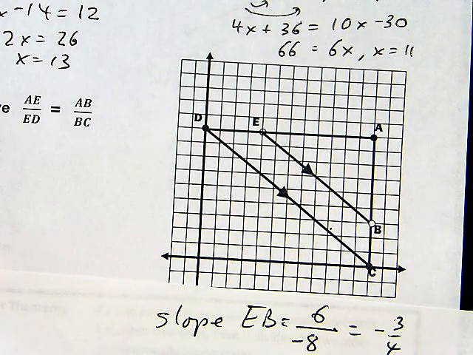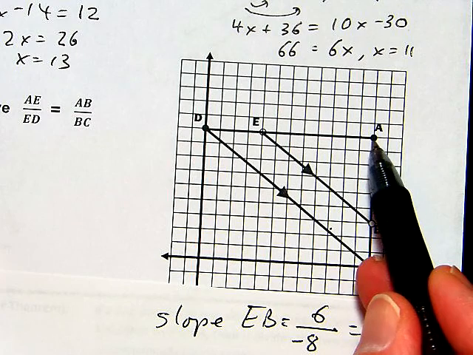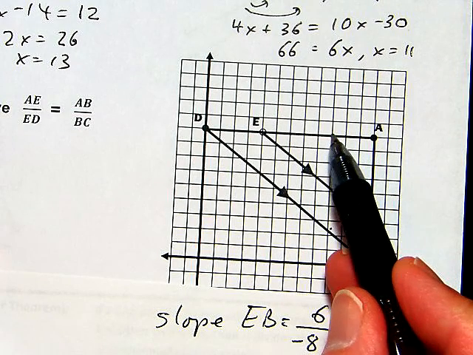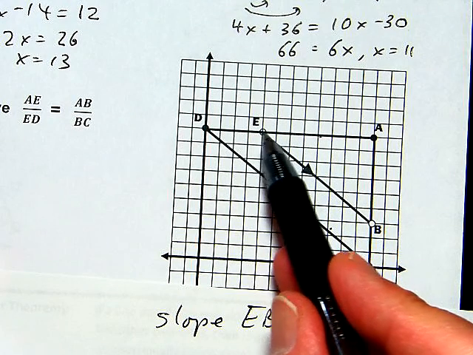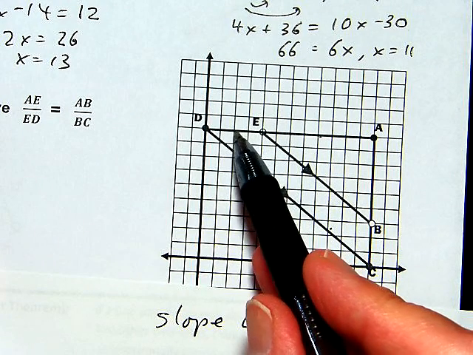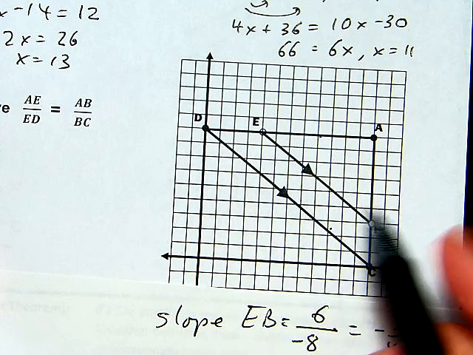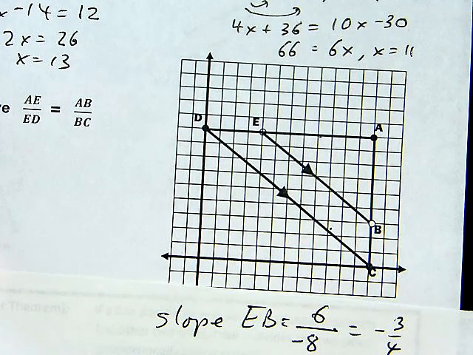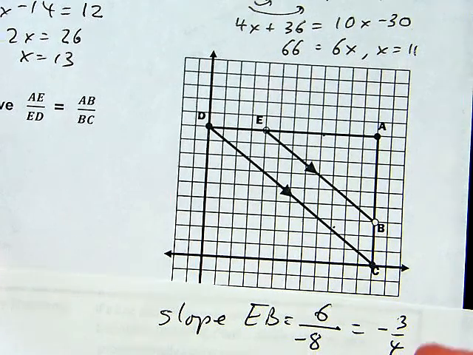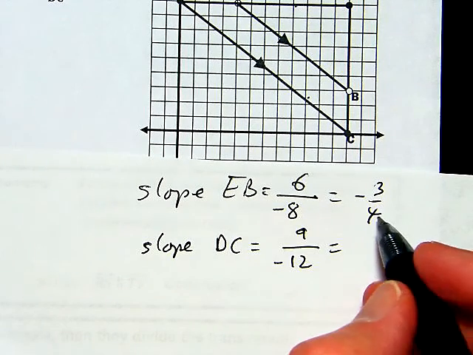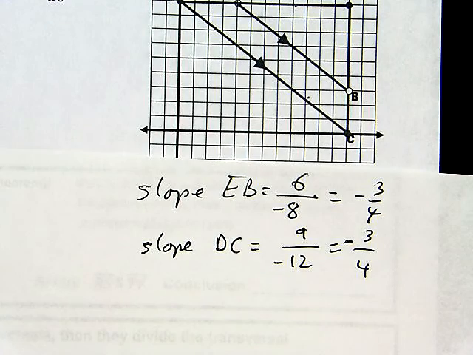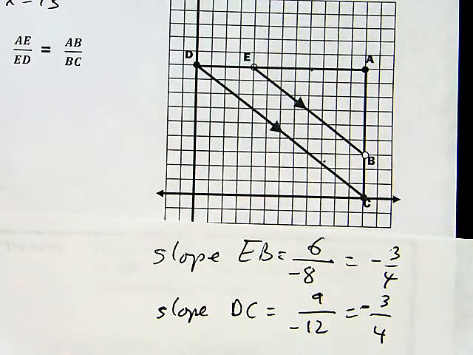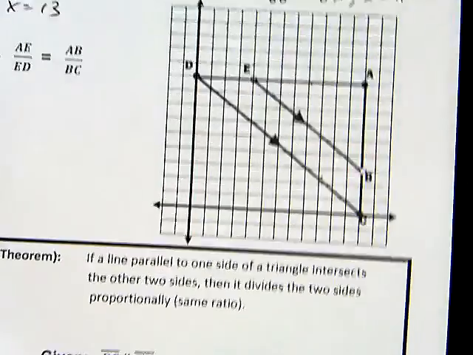The rise is 9, and the run would be 1, 2, 3, 4, 5, 6, 7, 8, 9, 10, 11, 12. But negative, because we're going to the left. So negative 9 twelfths, it also simplifies down to negative 3/4. So we can confirm both lines are actually indeed parallel because they have the same slope.